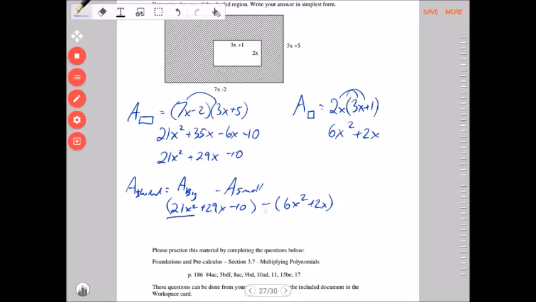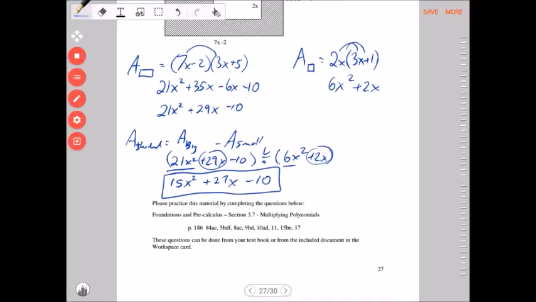So 21x squared minus 6x squared. So 21 minus 6, that's 15x squared. Then you have 29 x's minus 2 x's. So 29 minus 2 makes plus 27x. And then negative 10 minus, okay, there's no constant term in the second one, so it's just minus 10. So there is your final answer. Awesome. So we are done this part.